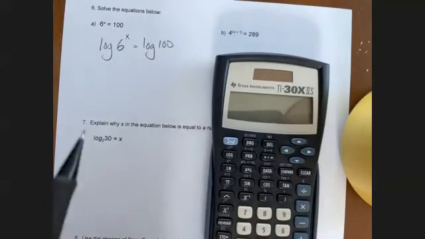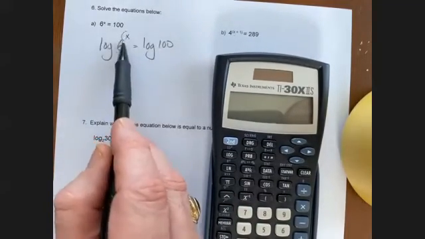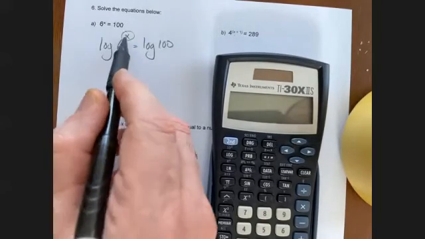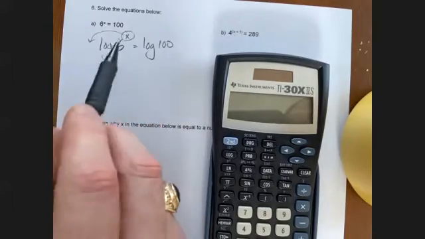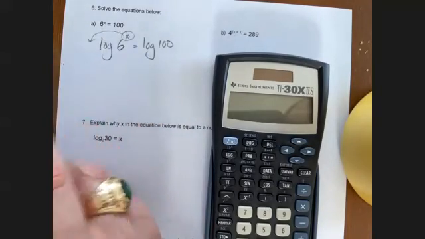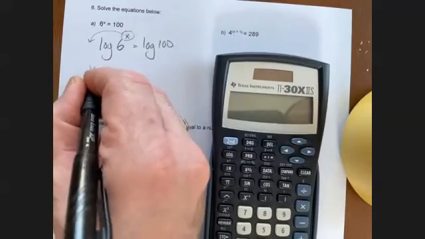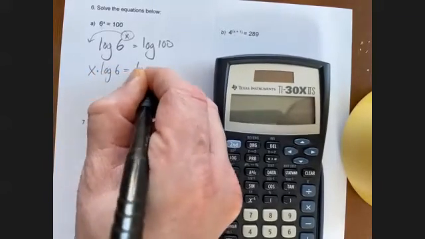The reason why I take the log of both sides here is because my goal is to find this x. We just found on that page before that anytime I have an exponent, I can bring that down to the front as a multiplier, which means if I take the x from the exponent to the front, I can now just deal with these things as numbers. So x times log 6 is equal to log 100.